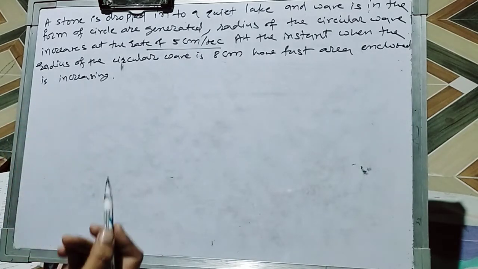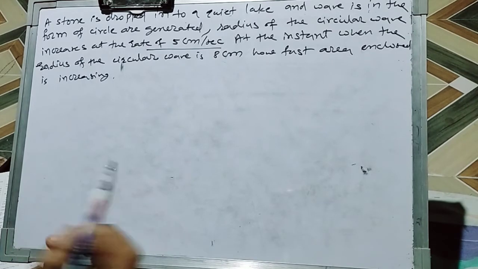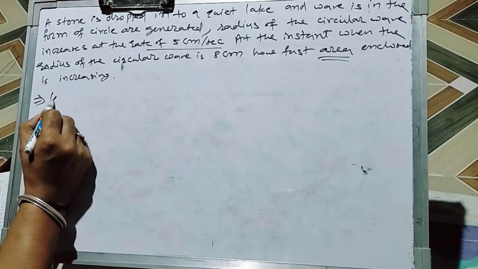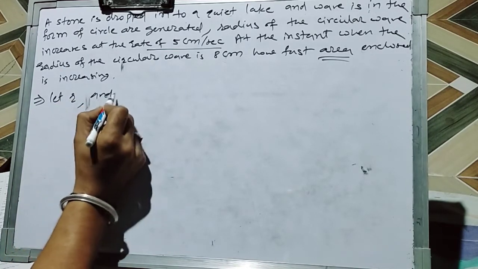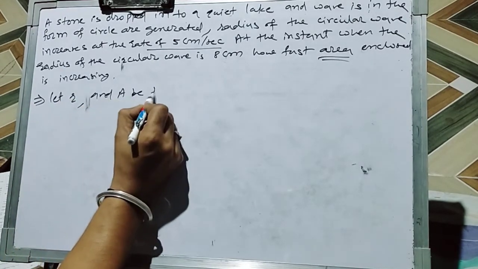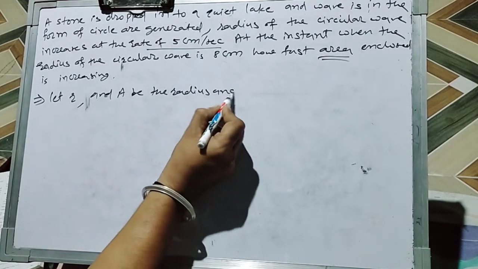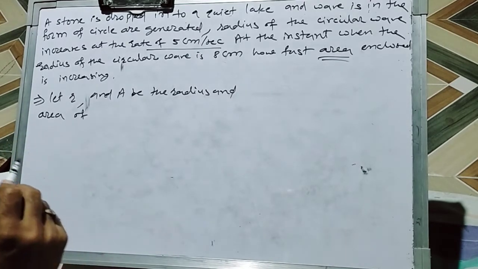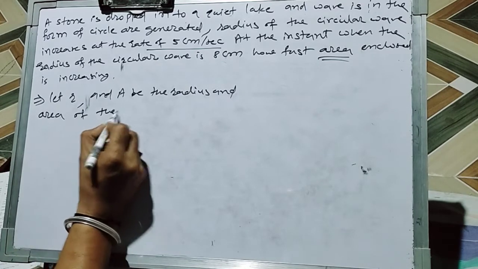It means we have to find the rate of change in area. So for this, let r and A be the radius and area of the circular wave.